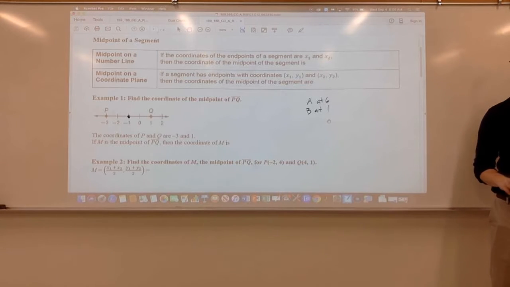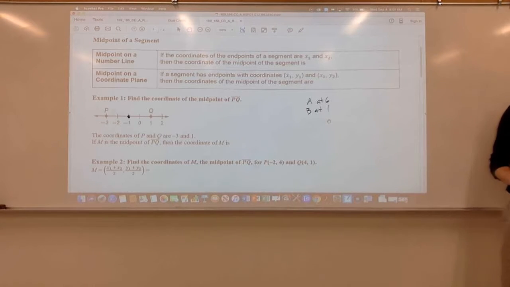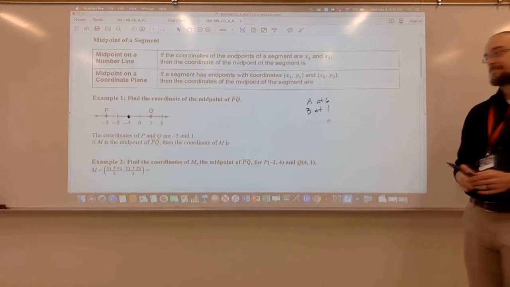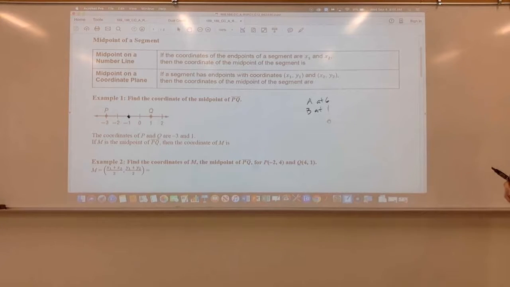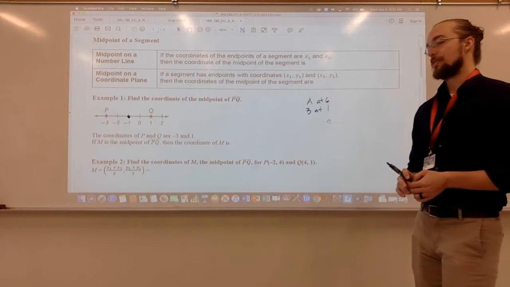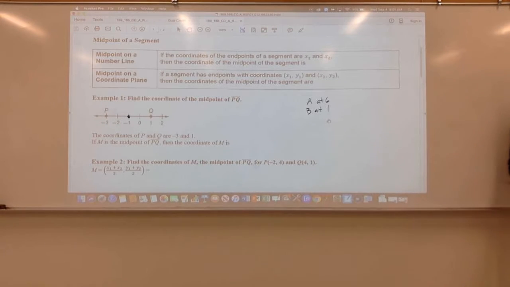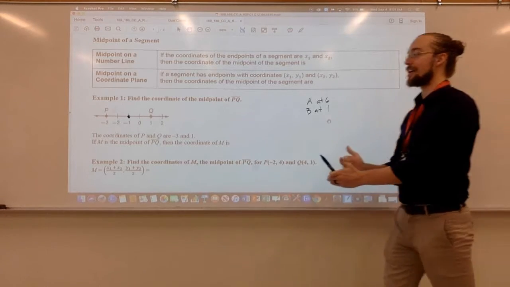Half of 6 is 3, and then half of 1, half, then add it again. And it works with that. Well, no, it does work with that. So you're almost there. You're definitely on the right track here.